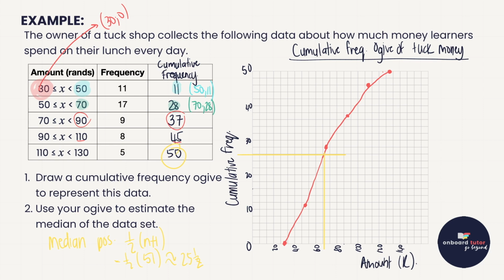So the median is here, somewhere between 60 and 80. Now exactly halfway, 70 would be there, so it's less than 70. I would put the median at 67 there for this data set.